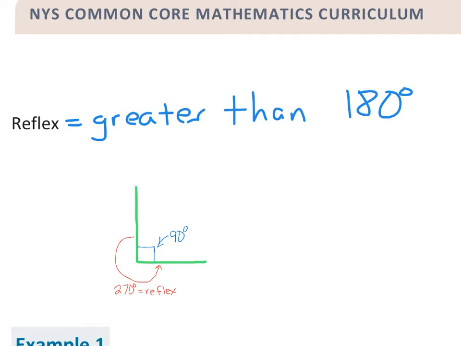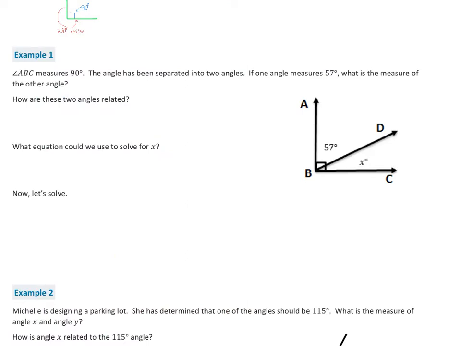So how does that geometric information help you? Understanding that 90 degrees is a right angle, acute is less, obtuse is more, and that a straight line makes 180. Well, in questions like this, you can see we have a 90-degree angle from A, B to C, but then D intersects it somewhere in here, and ABD is 57 degrees.